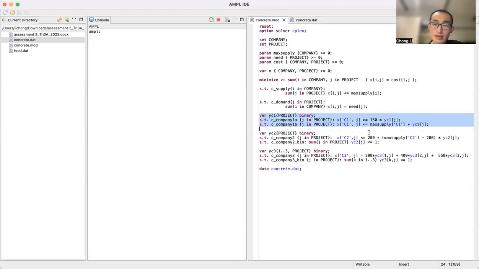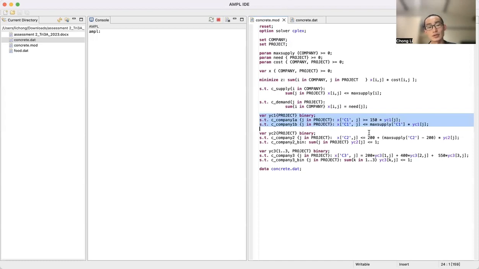So it is supplying at least 150 units of concrete. So it means for company one, if you are going to supply concrete to a certain project, then you must supply at least 150 units.